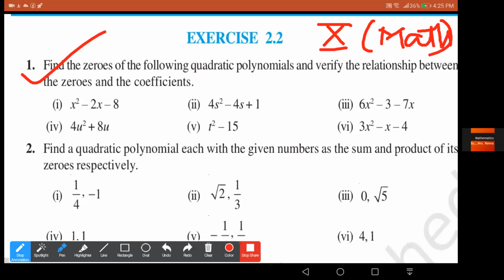But before we do question number 2, I would like to recall the concept we have done in question number 1, and that is also required for question number 2.